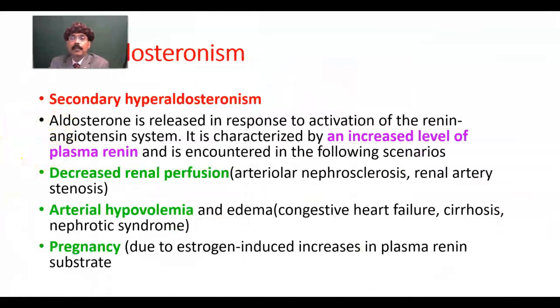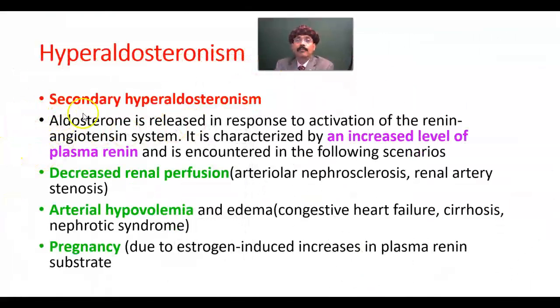Now secondary hyperaldosteronism: aldosterone is released in response to activation of the renin-angiotensin system. It is characterized by increased level of plasma renin. So plasma renin is low in primary hyperaldosteronism, and it is high in secondary hyperaldosteronism.